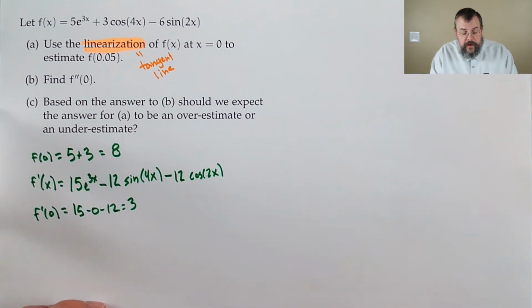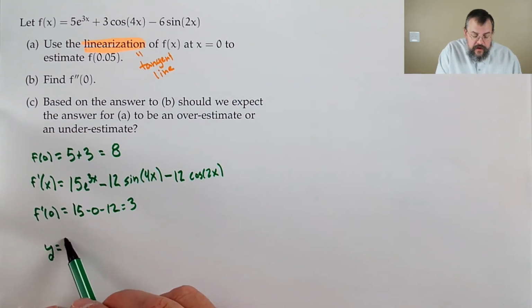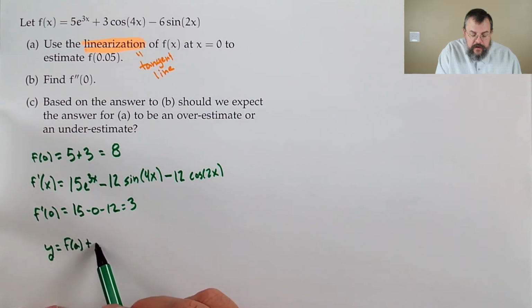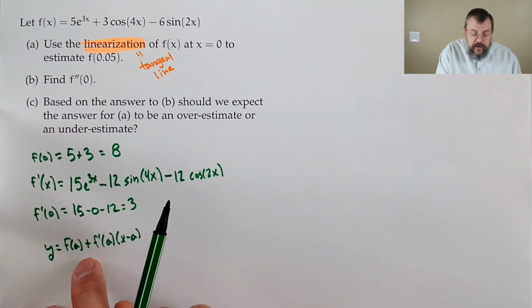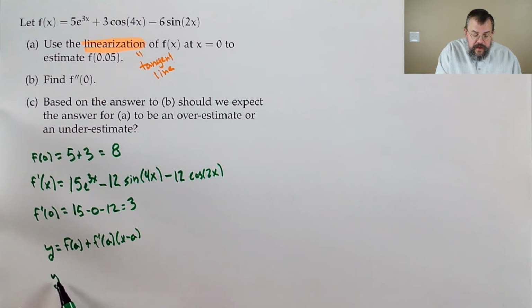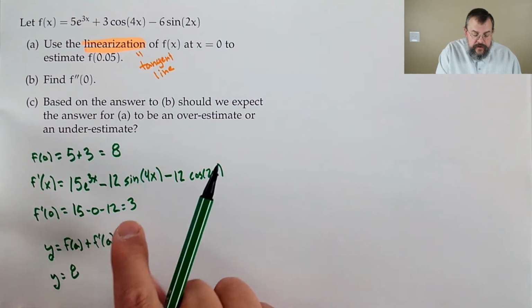All right. Well, actually, that's pretty nice. So our tangent line would be y equals, in general, this is the form, f of a plus f prime of a times x minus a. In our case, a equals 0. So for us, it would be 8, because there's that 8. And our derivative at 0 is 3.